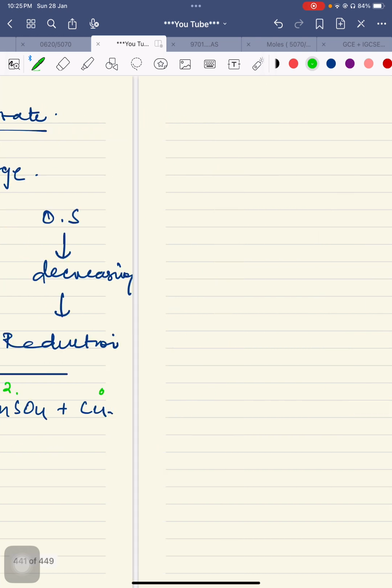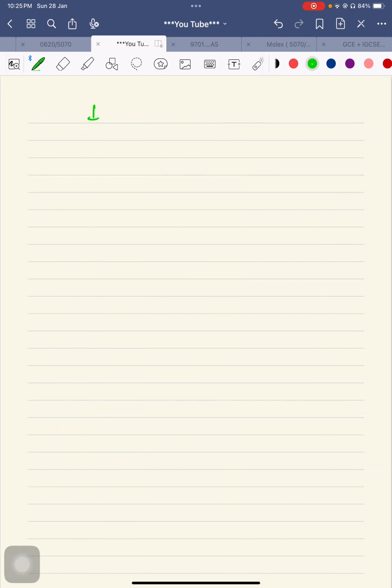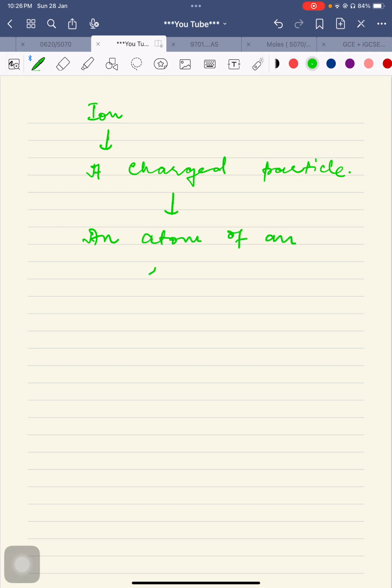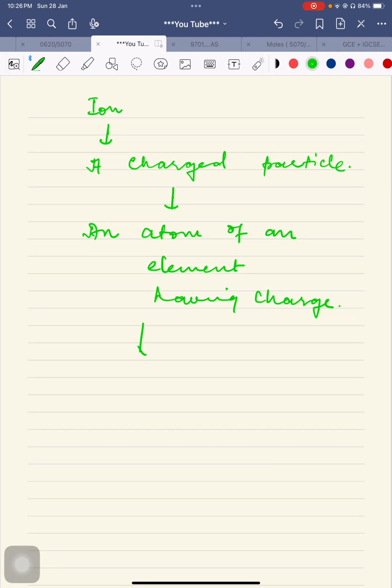I would like to write a few of the words again. What was an ion? A charged particle. An atom of an element having charge is called an ion.